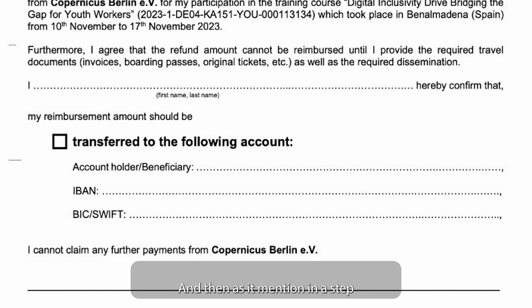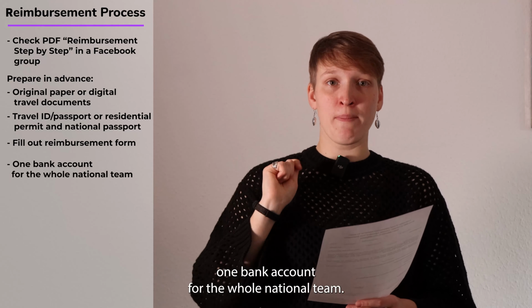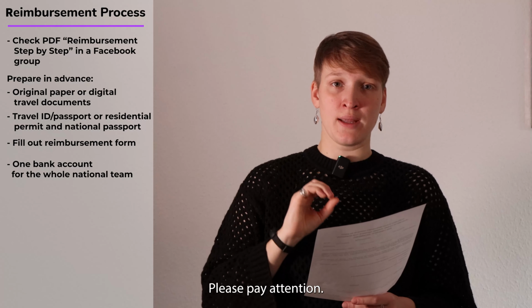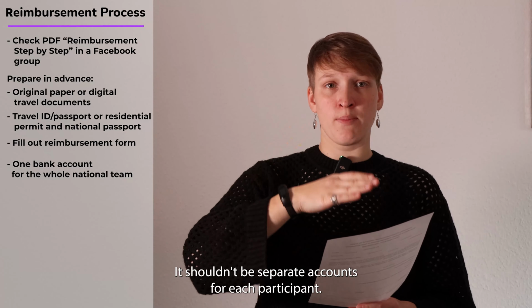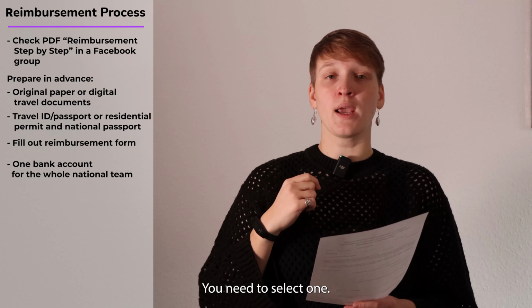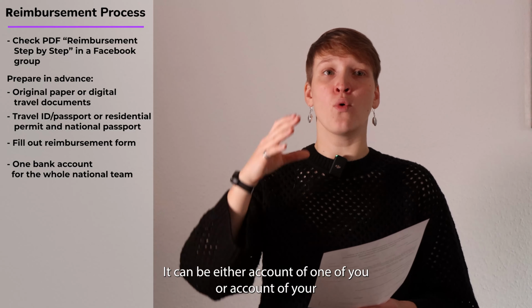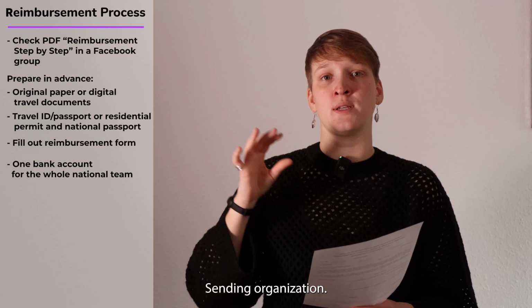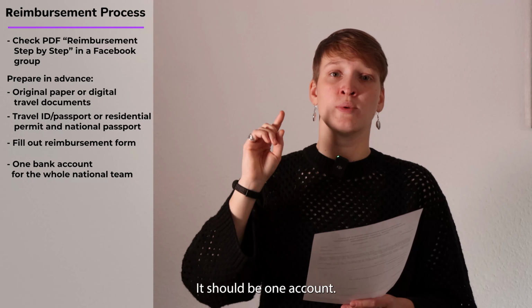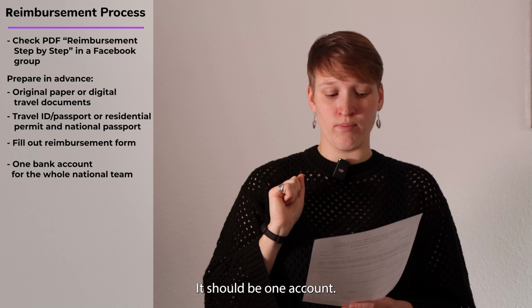And then, as mentioned in the step-by-step reimbursement presentation, you need to select one bank account for the whole national team. Please pay attention. It shouldn't be separate accounts for each participant. You need to select one. It can be either the account of one of you or the account of your sending organization. It doesn't matter. The most important thing is that it should be one account.